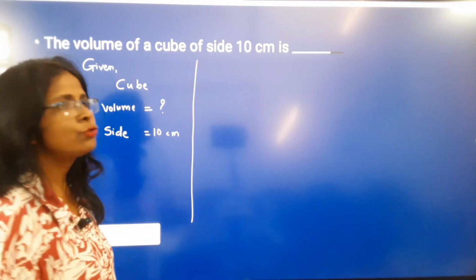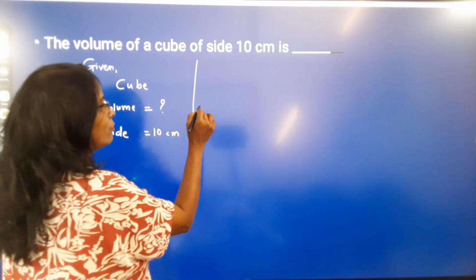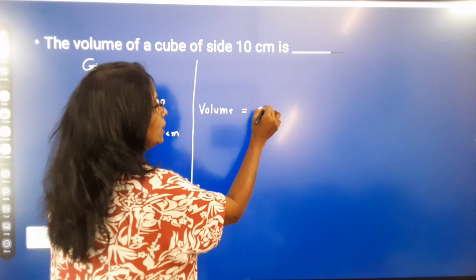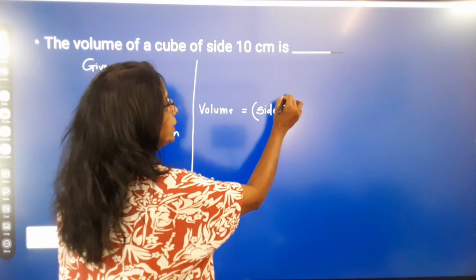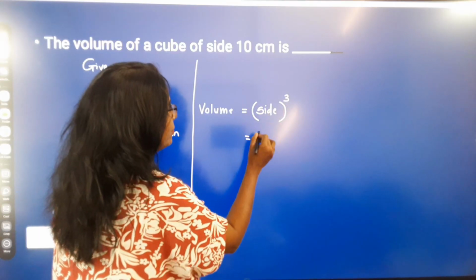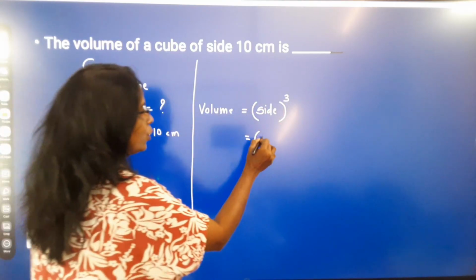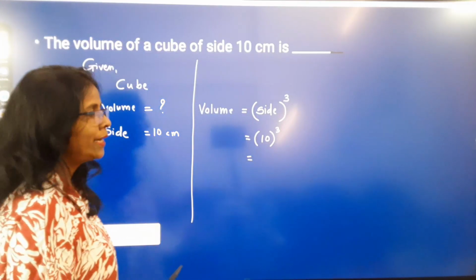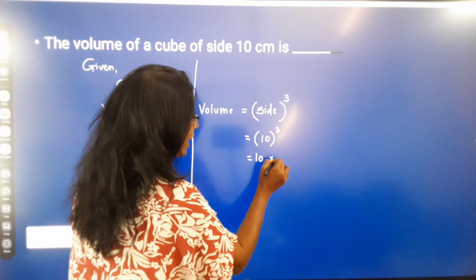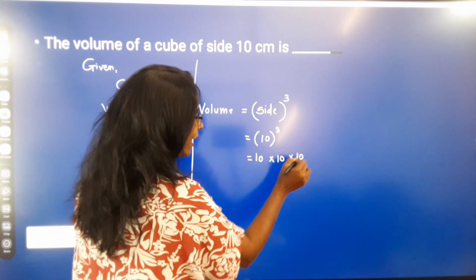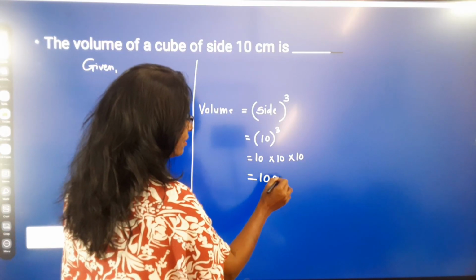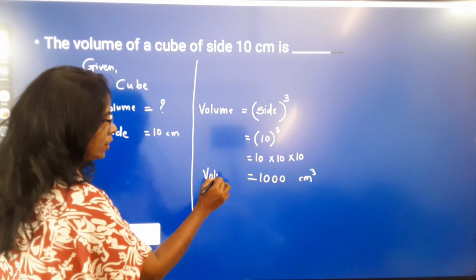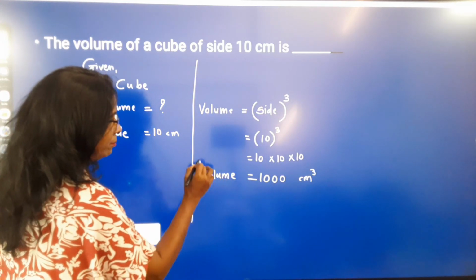Okay. Now here students, you know the formula of the volume of the cube, that is volume is equal to cube of side, that means the cube of 10. So now the cube of 10 is 10 multiplied by 10 multiplied by 10, and that means students, that is 1000 cubic centimeter.